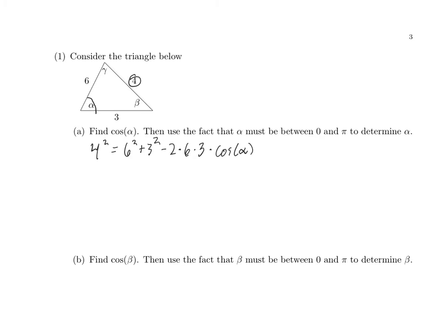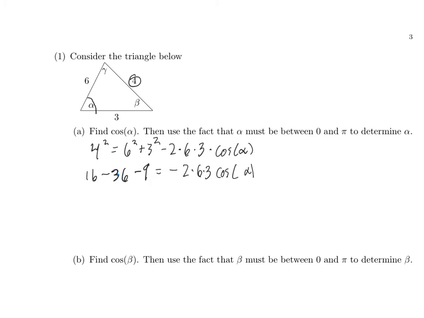Solve for alpha. So 4 squared is 16. Now I need to subtract this to the other side. 16 minus 36, oops, minus 3 squared, which is 9, equals negative 2 times 6 times 3 times the cosine of alpha.